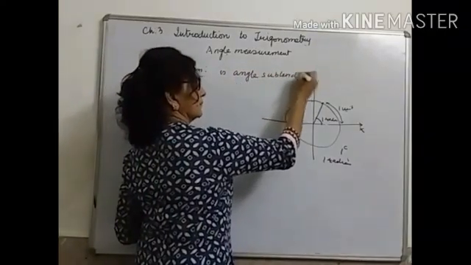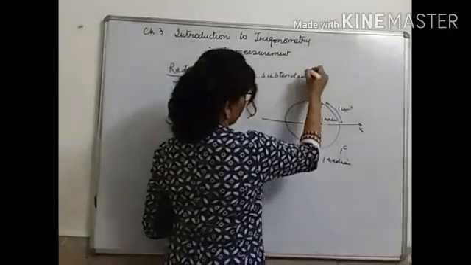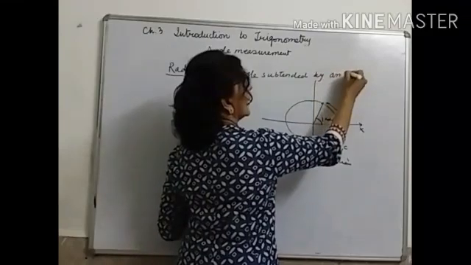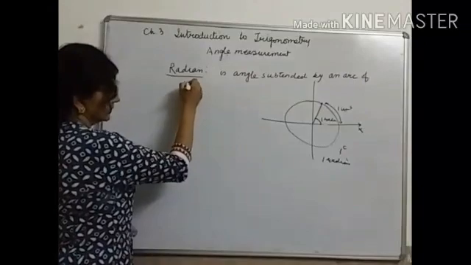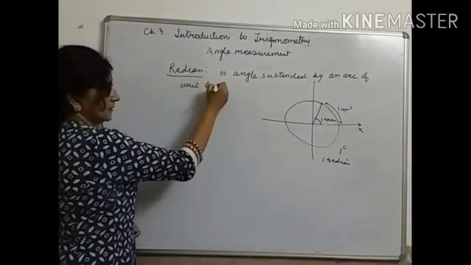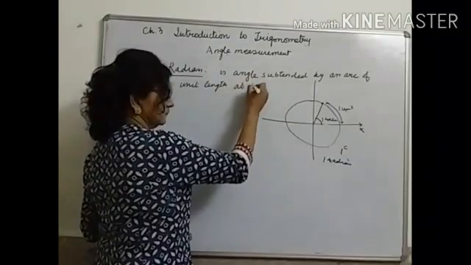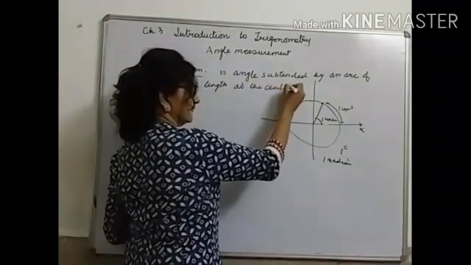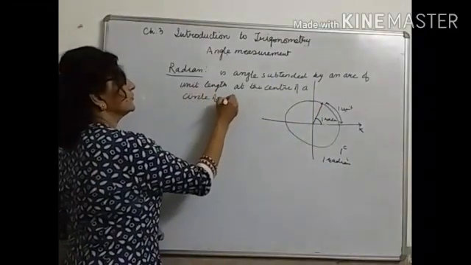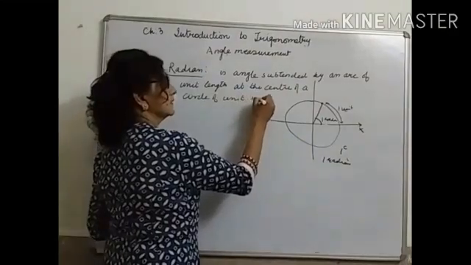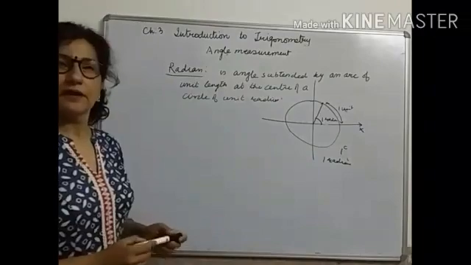Radian is an angle subtended by an arc of unit length at the center of a circle of unit radius. Could you get it? It is called 1 radian.